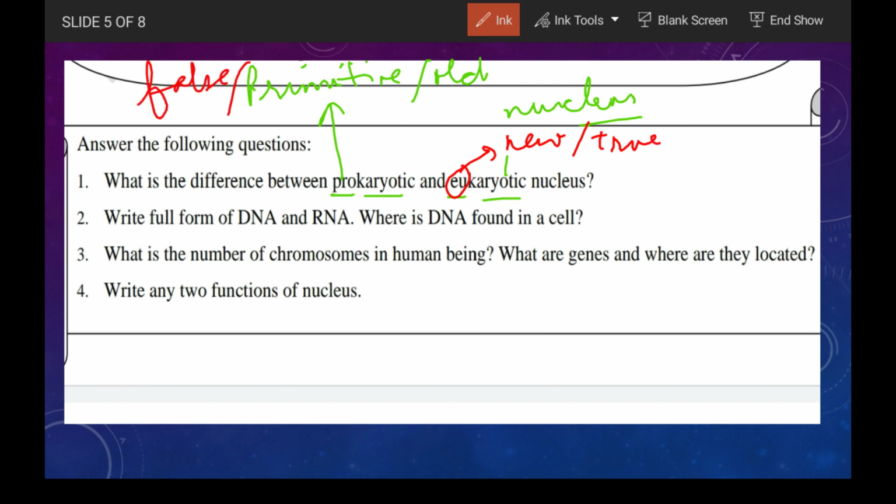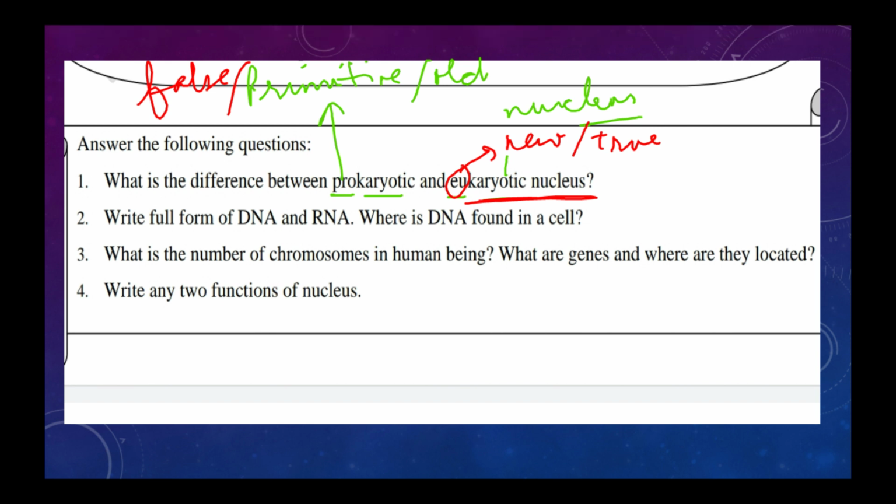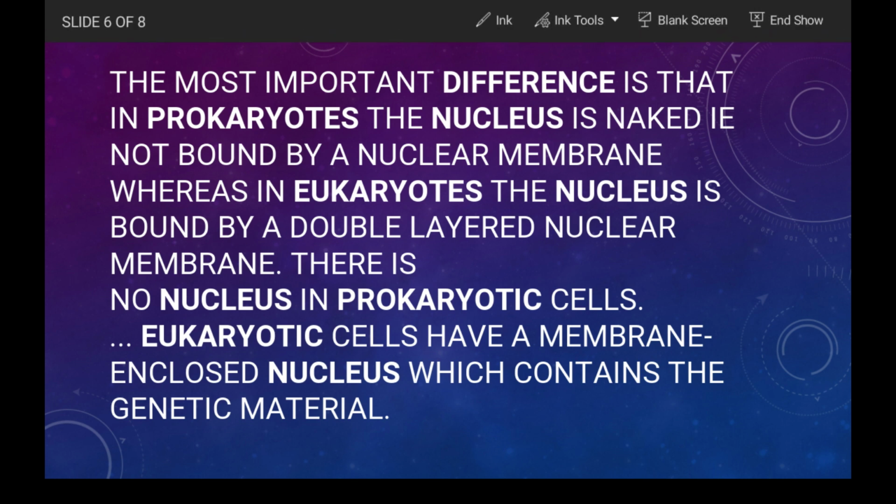Why is it called primitive, old, prokaryotic? Because it was devoid of any nuclear membrane. In prokaryotic cells, there was no nuclear membrane. In fact, there was a nucleus without any nuclear membrane, called the nucleoid, and in the eukaryotic nucleus, it had a well-formed nuclear membrane. So here is the answer to your first question.